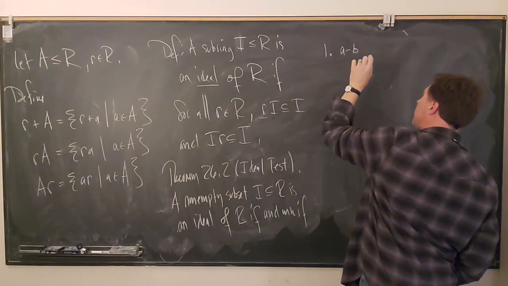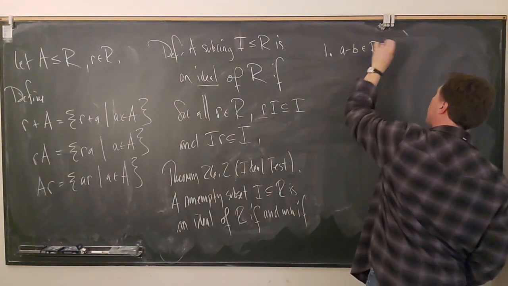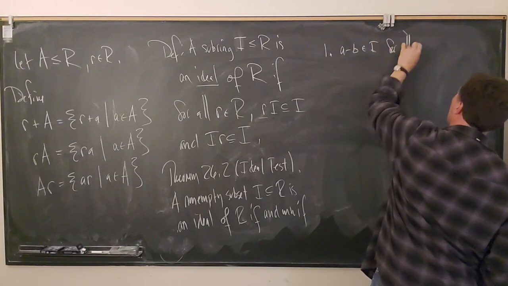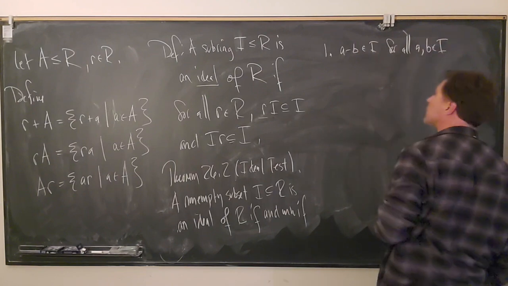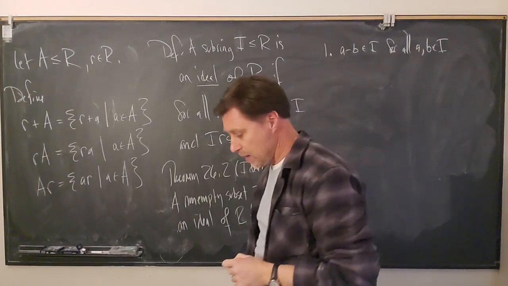One, a minus b is an element of I for all a and b in capital I. So it needs to be closed under subtraction.